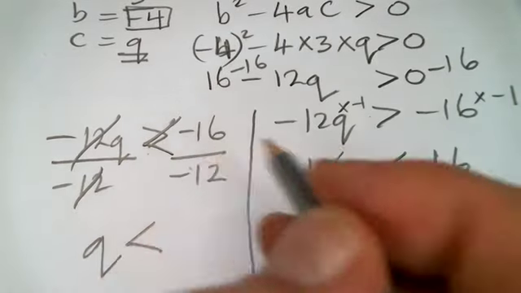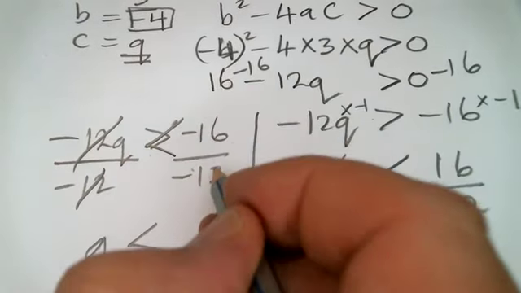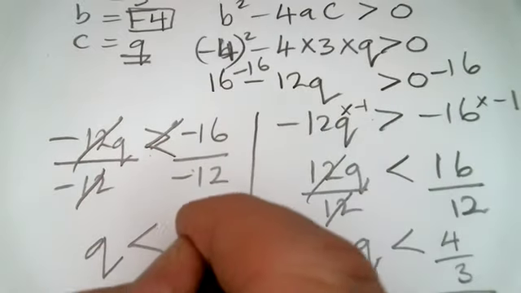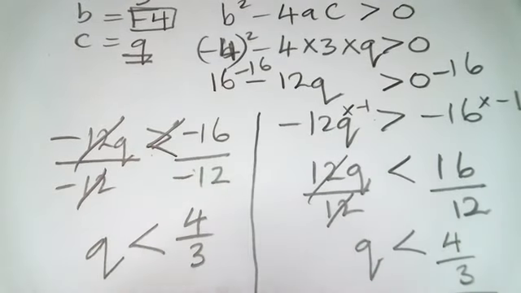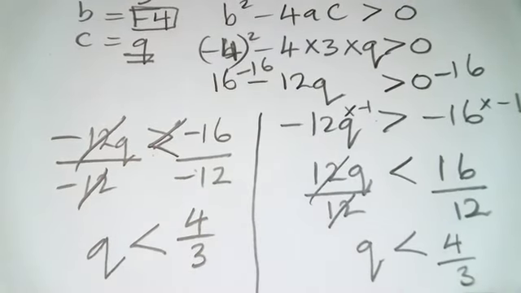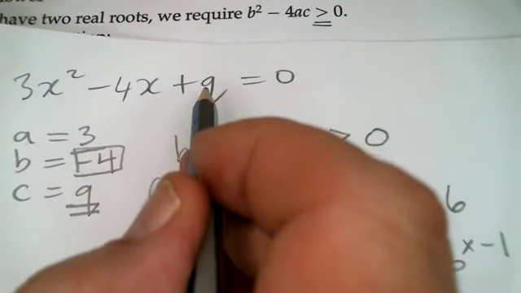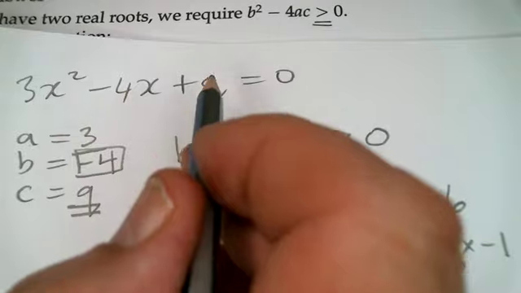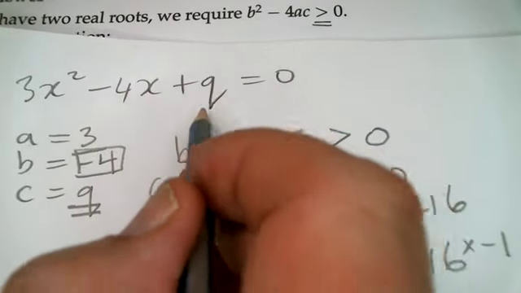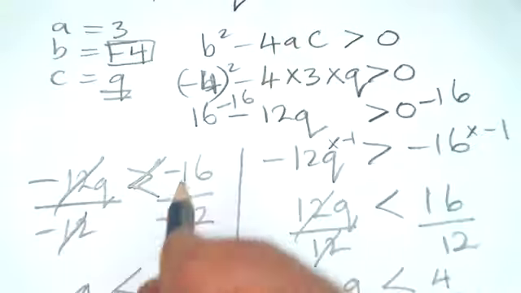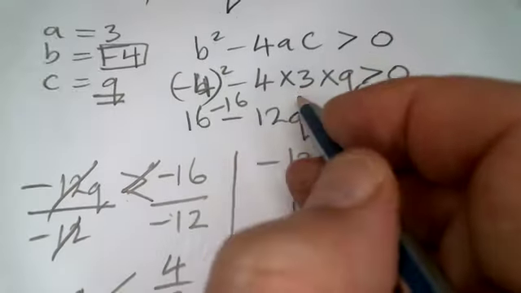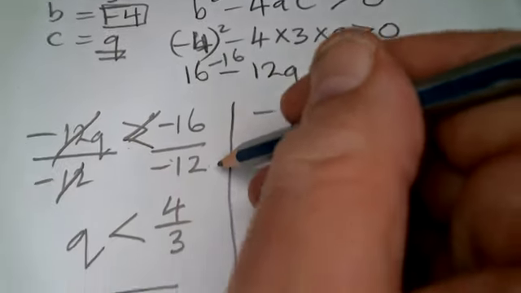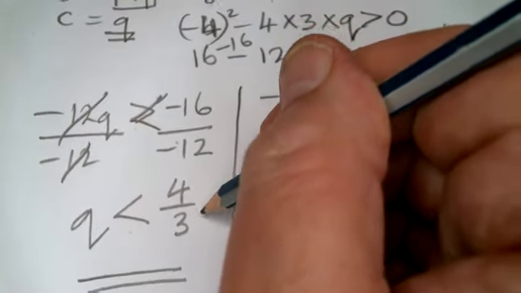Two negatives become a positive, so 16 divided by 12, dividing both by 4, leaves positive 4 on 3. So this equation yields two real roots only as long as the value of q is less than 4/3.